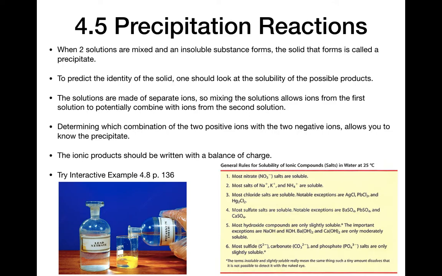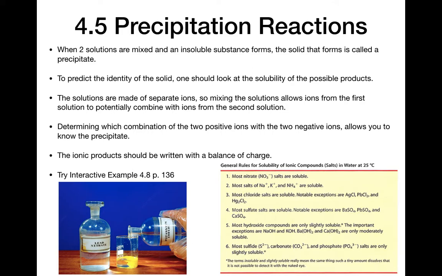So the solutions are made by mixing solutions, which allows the ions to get together and potentially combine with each other. And if you determine the combination of the positive and negative ions that's going to give you a precipitate, you can write a balanced equation for it.